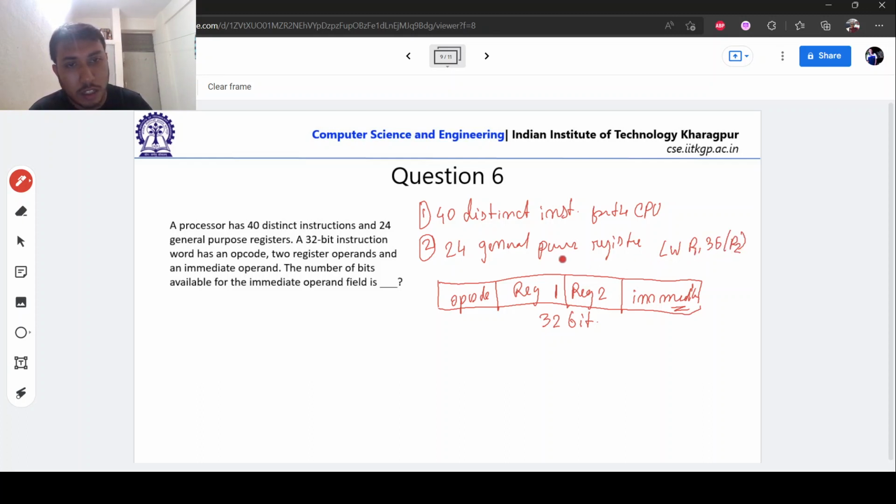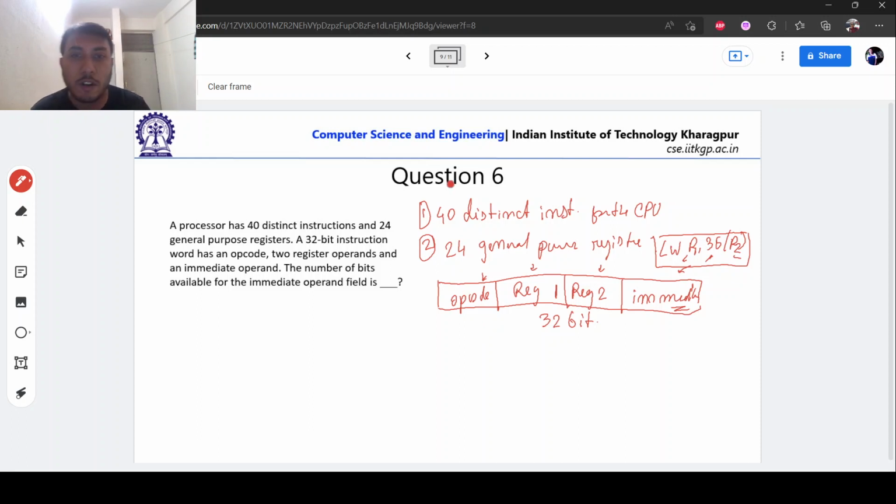The LW operation will have a specific code, that value is an opcode. Each register is a distinct register, so you need to give a name to it, that is an address. Every register has a unique address field. R2 also will have a specific value, and there is an immediate field. So you can consider this LW R1 35 R2.